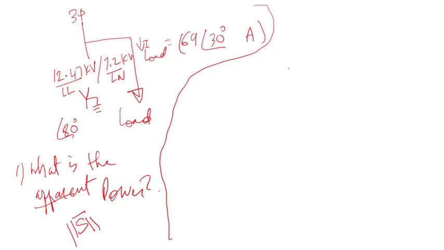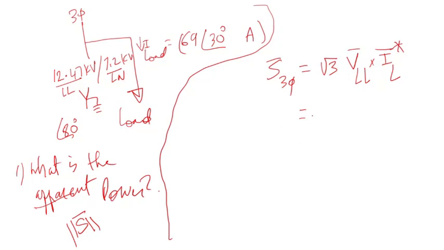In general, we know the complex power of a three-phase system is equal to square root of 3 times the line-to-line voltage times the line current, but with a conjugate.